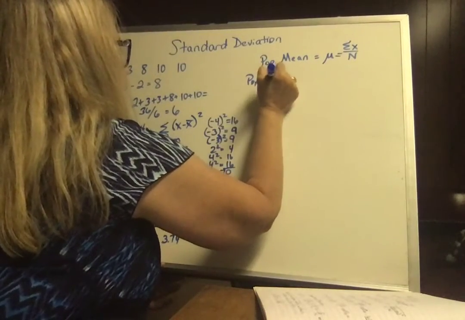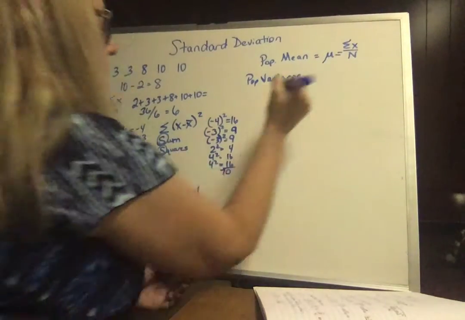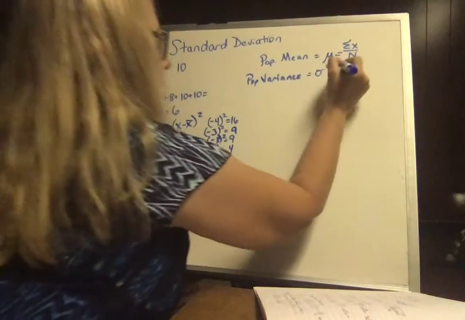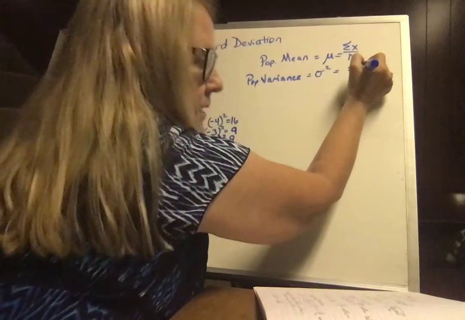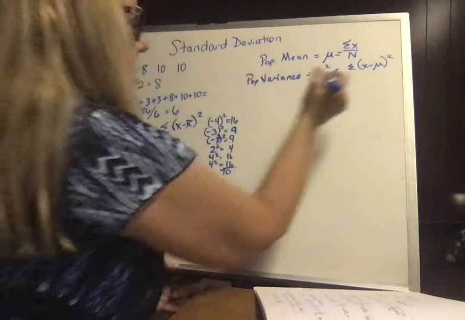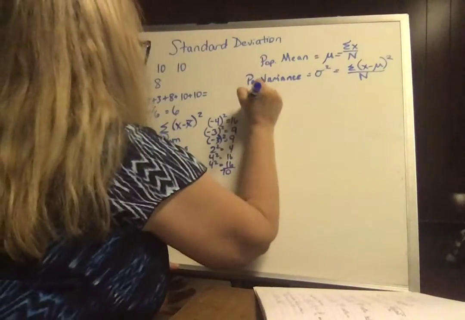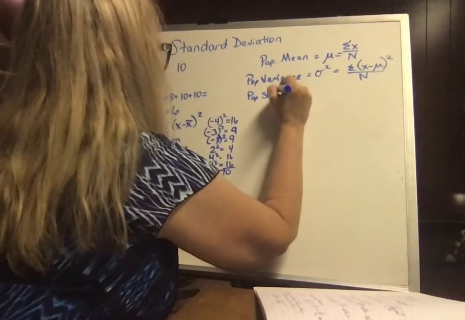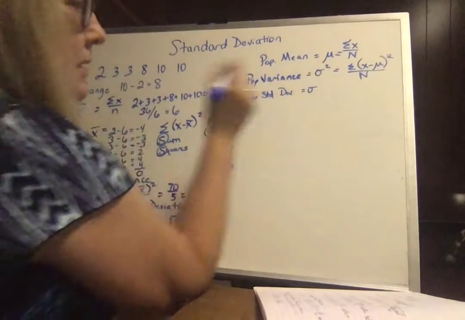Population variance is that symbol and equals the sum of x minus mean, mu squared, over the whole population, and population standard deviation, or sigma.